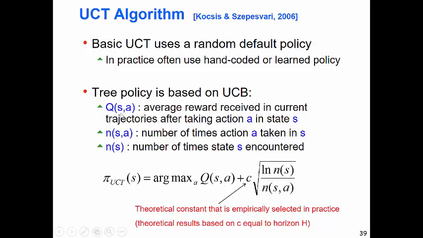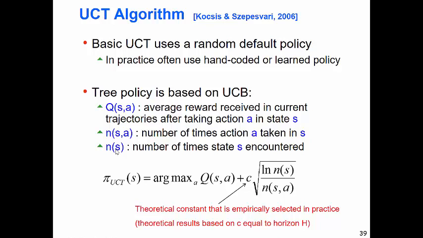At every node, we're going to store these Q values, the counts, the number of times you took an action in a particular state, and the total number of times you visited a state during the tree search. This is basically the same information as if you thought of S as defining a bandit problem.